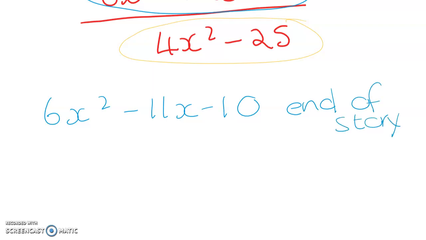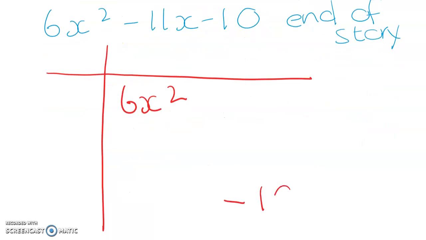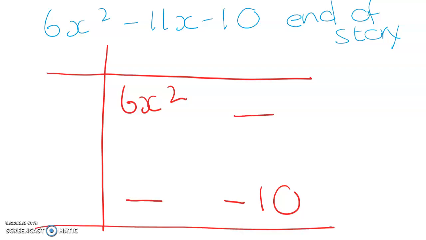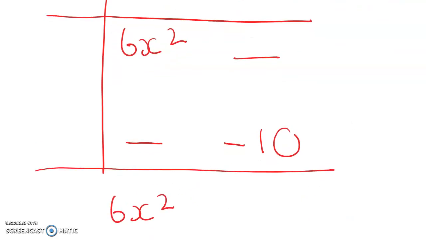So in the grid, 6x squared is here and minus 10 is here. I've got the start and the end. I must find the middle, don't I? I must find this part and this part. And I do know that at the end of the story, they all come together happily ever after.